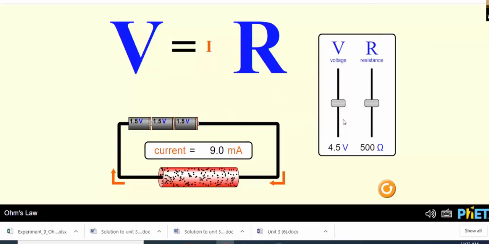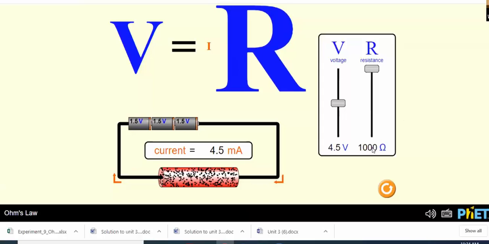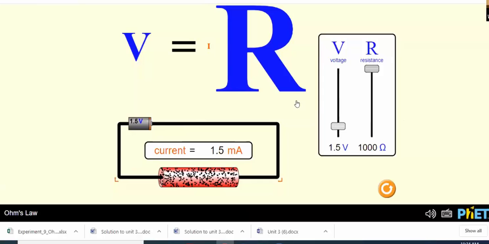that's the second simulation. You're asked to set the resistance at 1000 ohms. So you'll take it up all the way to 1000 ohms. And you're asked to set the voltage at 1.5, then 3, then 4.5, and so on. And each time you record the electric current that is pertinent to that voltage.